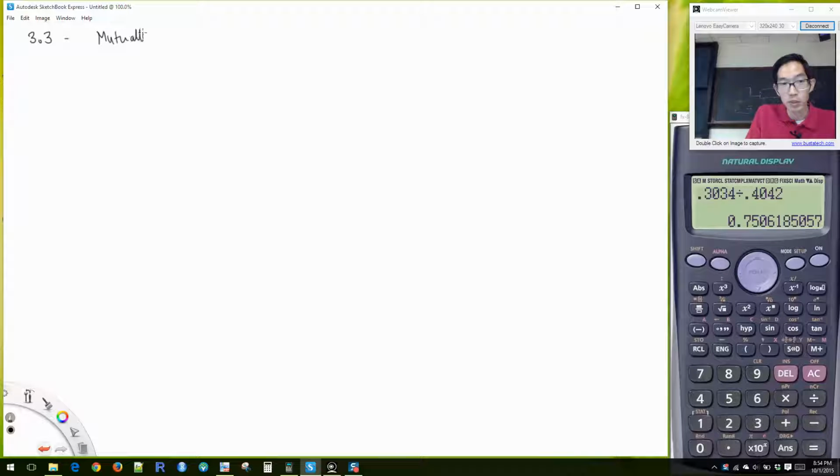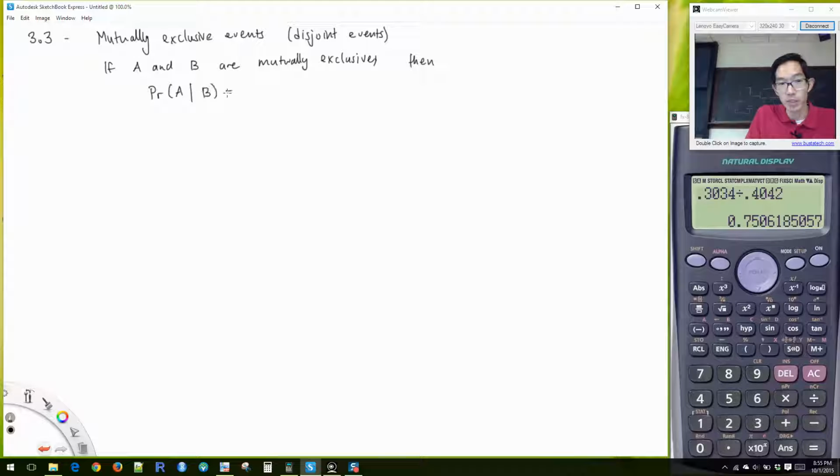One is mutually exclusive events, also called disjoint events. And what this means is that if A and B are mutually exclusive, then the probability of A given B is 0.